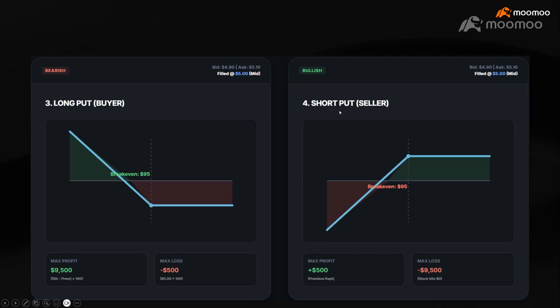Like Warren Buffett, he loves to do short puts. Say for example the stock price is now at $110, and I sell a put option, collecting a premium, at a $100 strike price. If the stock price goes down below $100, then Warren Buffett is very happy because he is obligated to buy the underlying at the strike price.